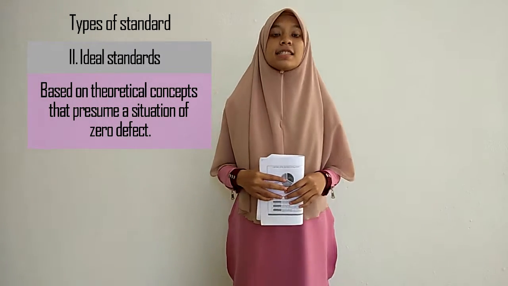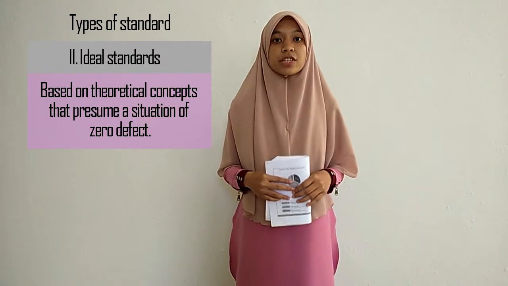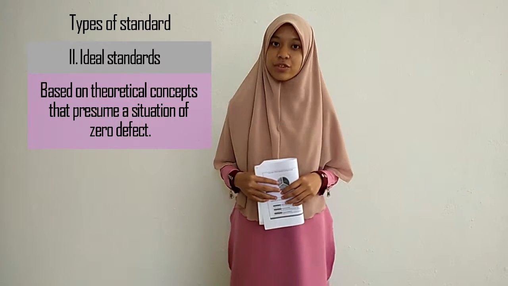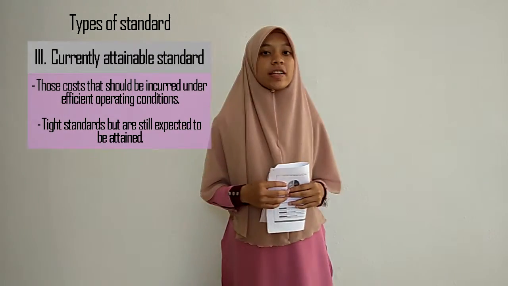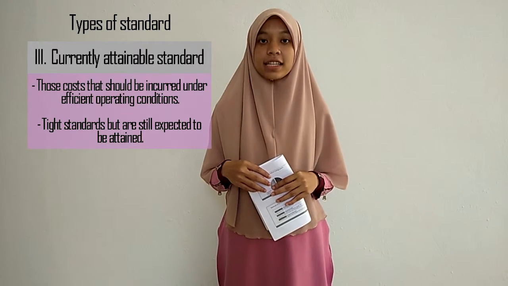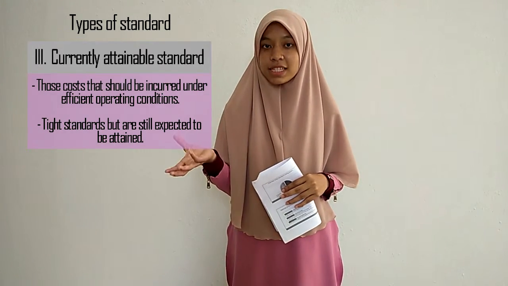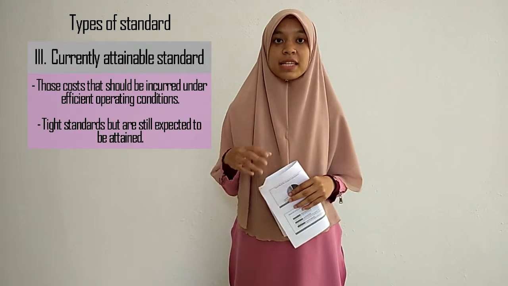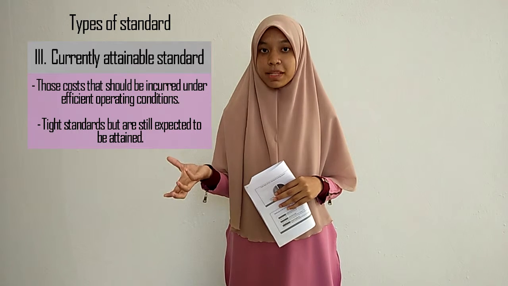Ideal standards are standards based on theoretical concepts that presume a situation of zero defects. The third type is currently attainable standard. Currently attainable standards are those costs that should be incurred under efficient operating conditions. It is a tight standard but still expected to be attained.